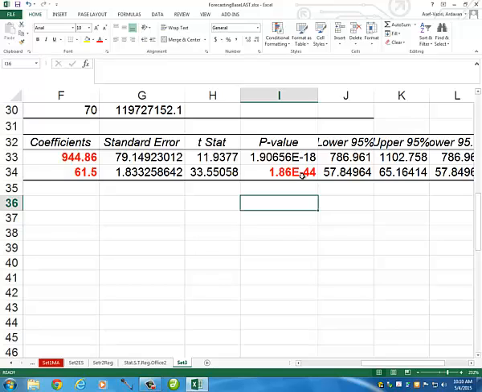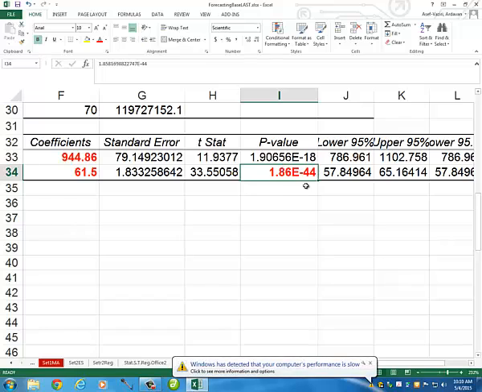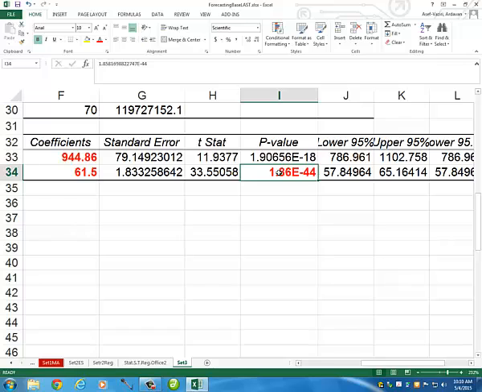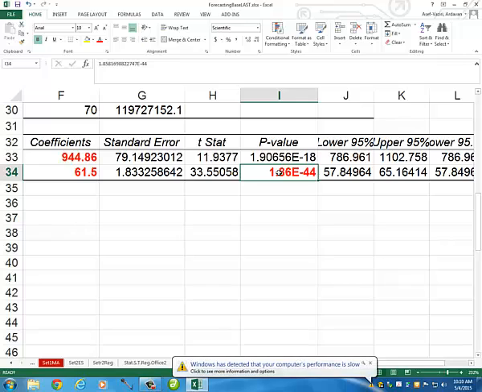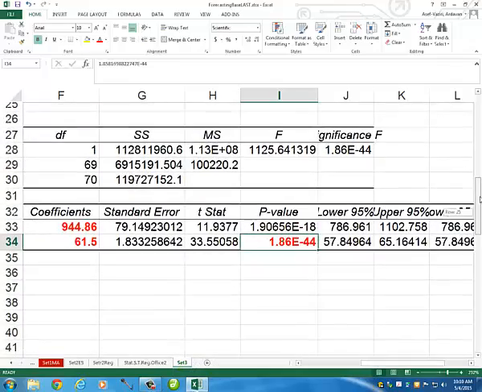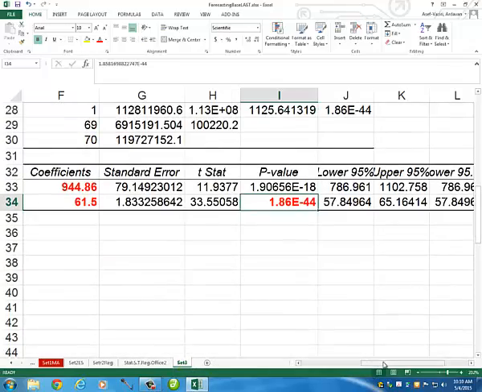Negative means it is in the denominator, so this number is almost 2 multiplied by 1 divided by 10 to the power of 44, which is a very small number. That is good; we like it to be small. I think these are all I need here.